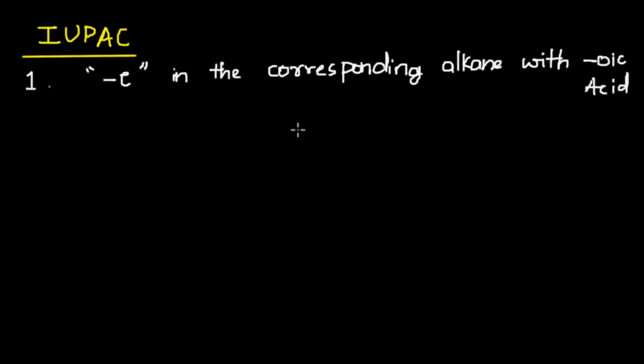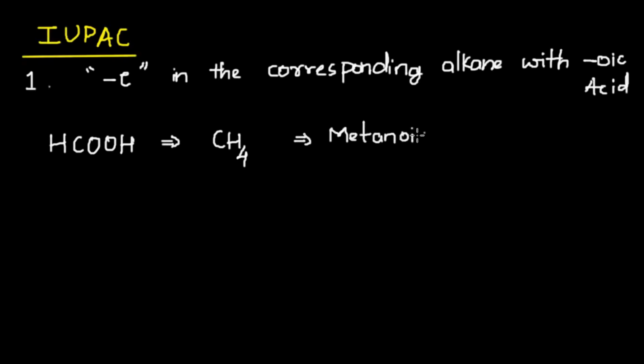For example, formic acid, which is HCOOH. Its corresponding alkane is methane. Hence, formic acid is named methanoic acid.